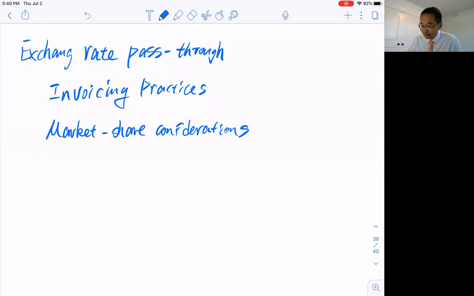Okay, and then finally we have distribution costs. What I mean by that is, a lot of the price you see at Walmart is not reflecting the cost of production in China, but rather how much it costs to bring that product from China to your Walmart shelves in Rexburg.